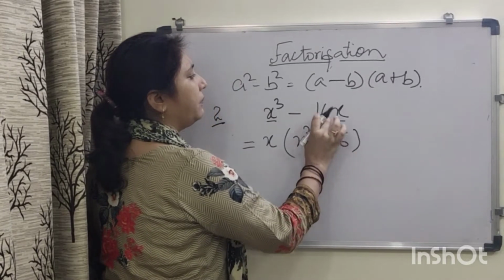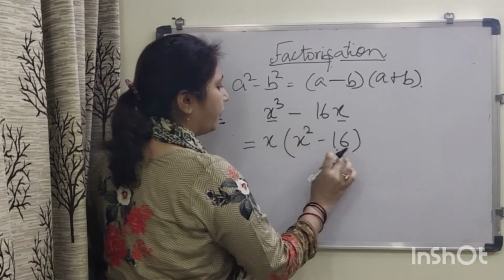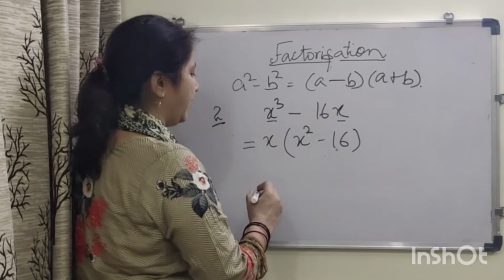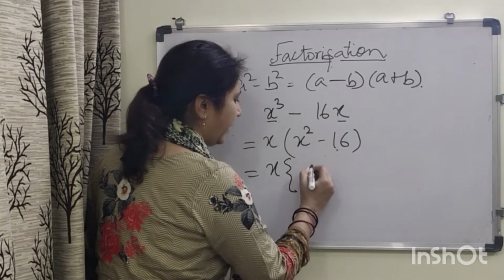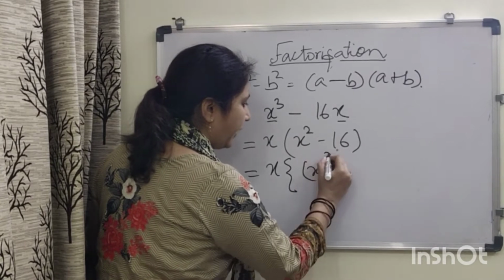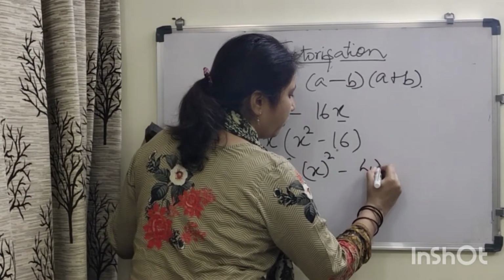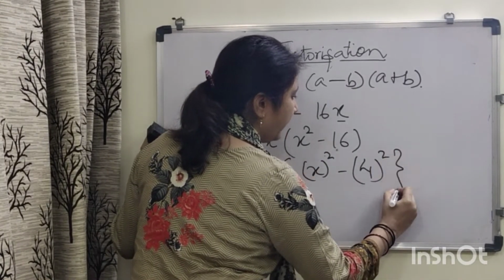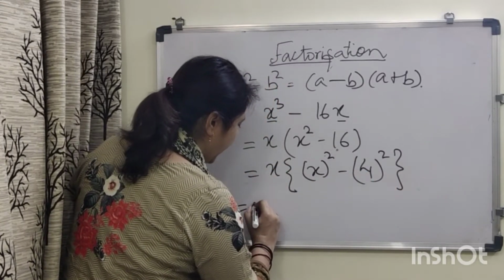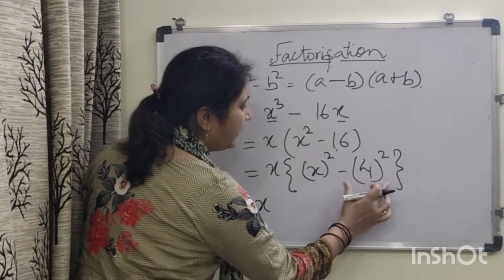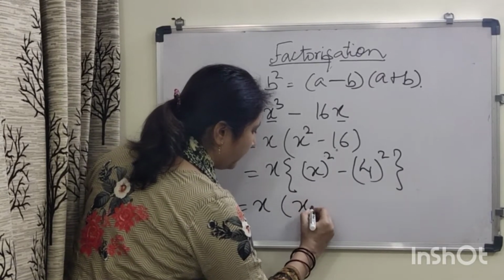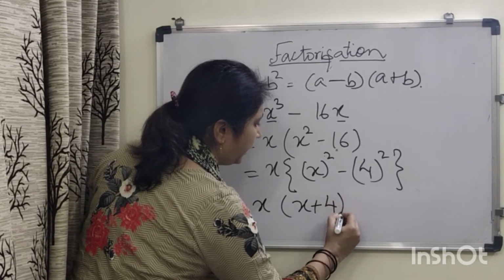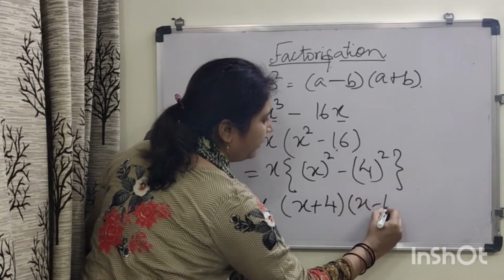Here you cannot make use of this identity, but after taking x common, you can make use of it. So after taking x common, this x square is the square of x and 16 is of 4, children. This common part will remain as it is. And in this, we will apply the identity a square minus b square. So, it is x plus 4 into x minus 4.